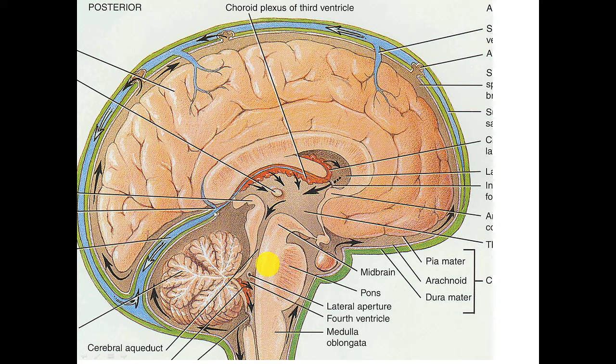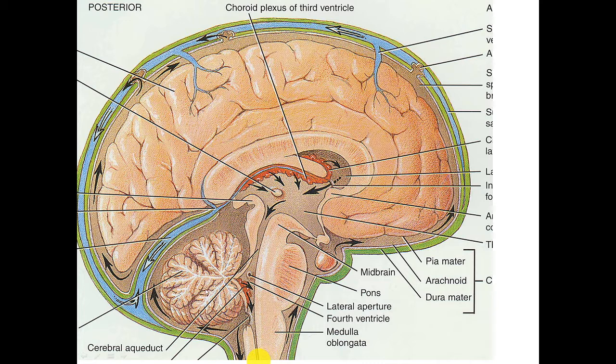Now, the brain stem consists of three parts. This area at the top of the brain stem, right here, is called the midbrain. Then you have the big lump, that's the pons. And then you have a smaller lump at the bottom, that's the medulla oblongata.